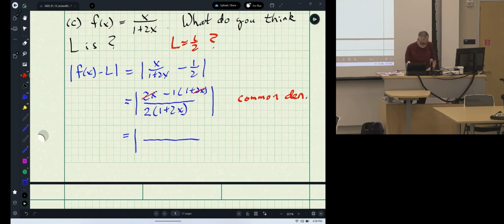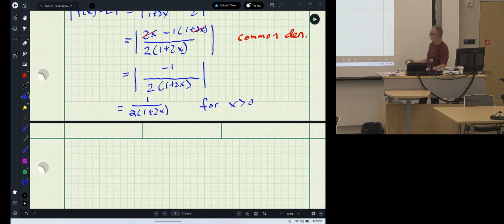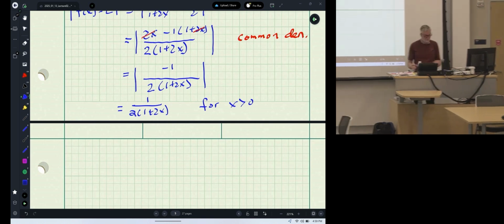And so this leaves us with minus 1 over 2 times 1 plus 2x. And then if we assume x is positive, so the denominator is positive, when we take the absolute value, all it does is erase the minus sign. So as we're looking at x going to infinity, we don't really care what it does for negative values.